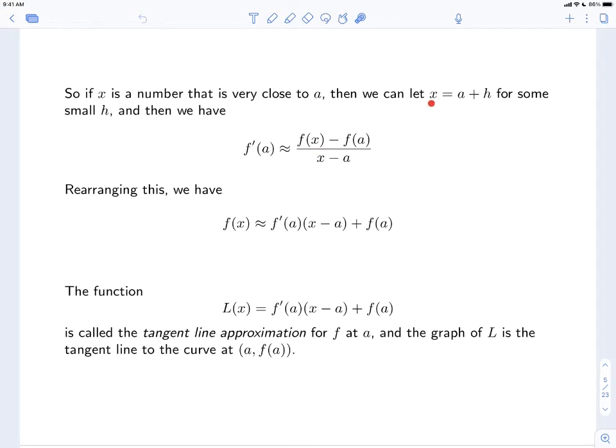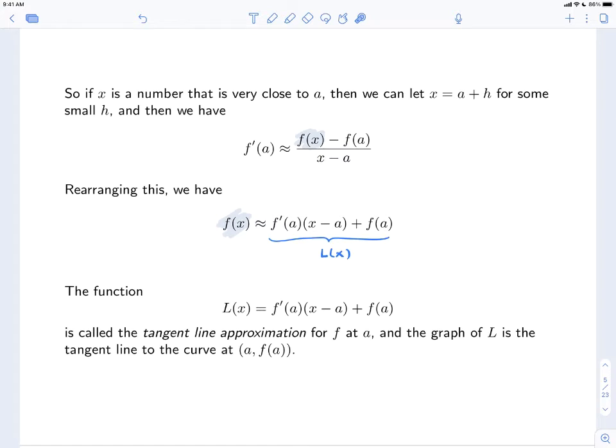If you just plug in x equals a plus h, you end up with the usual difference quotient here. Rearranging this, that is, solving for f at x, we get that f at x is at least approximately equal to the slope at a times x minus a plus f at a. We can define this to be a function. We can call this L at x.